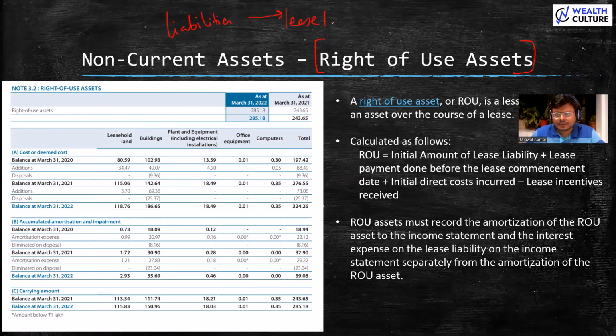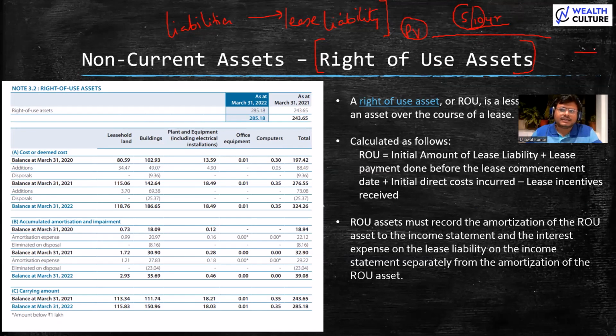Let's say you have taken a building or a vehicle on a 5-year or 10-year lease. It's not yours, but you have the right to use that asset. That right has some value, and that value has to be brought on the balance sheet. The present value of all the payments that we are going to make is your lease liability.